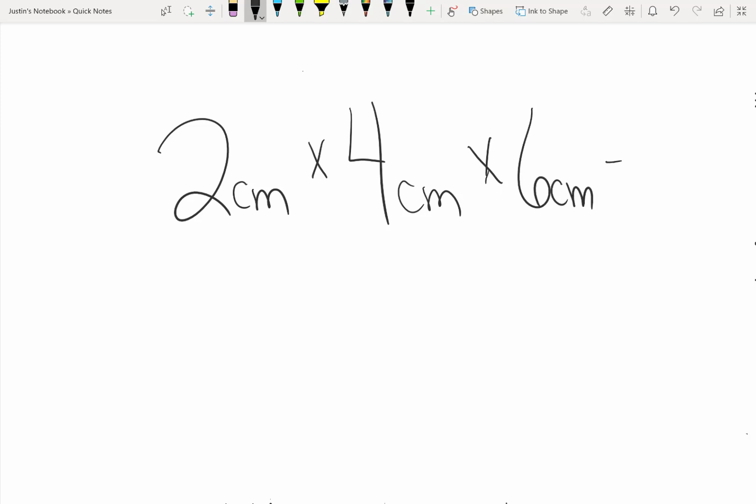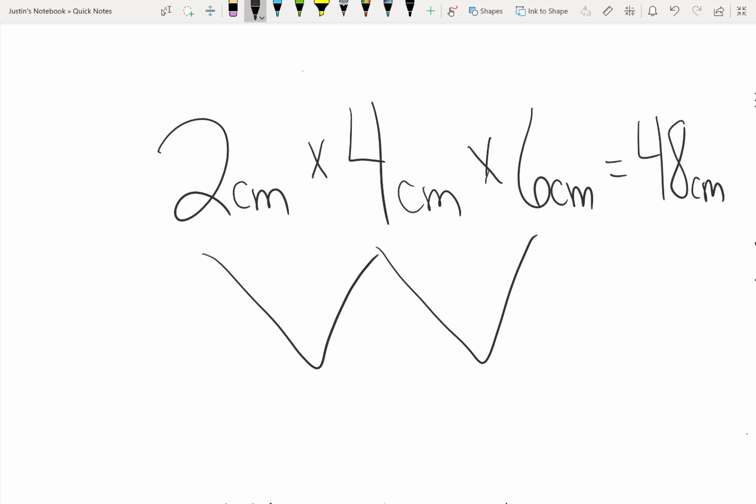Alright, so that would be our next row, and you need to multiply these together. 4 times 2 is 8. 8 times 6 is 48. And that would be centimeters cubed.